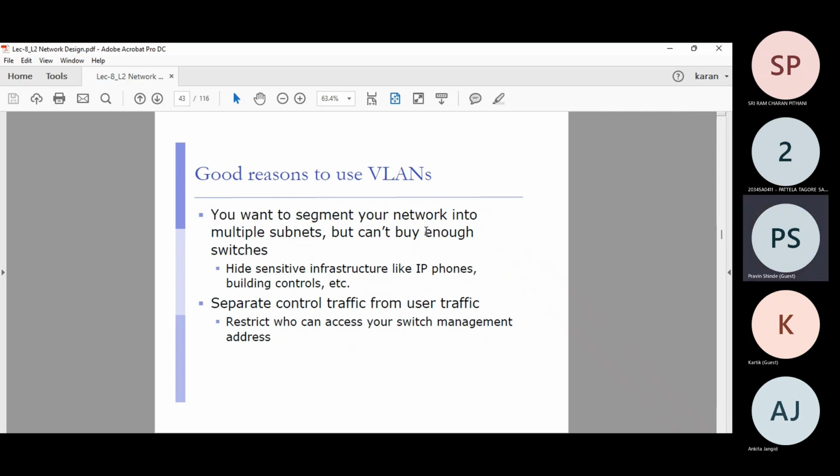Good reasons to use VLANs. You want to segment your network into multiple subnets but can't buy enough switches. Okay, to isolate sensitive infrastructure like IP phones, building controls, etc. Separate control traffic from user traffic. Restrict who can access your switch management address.